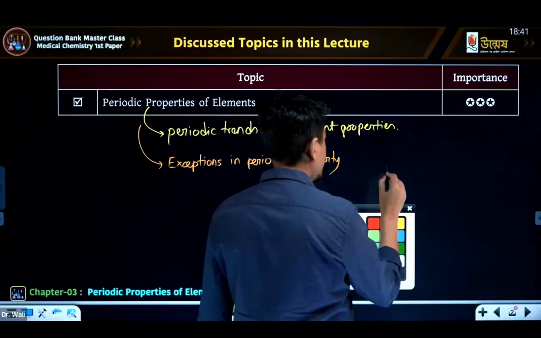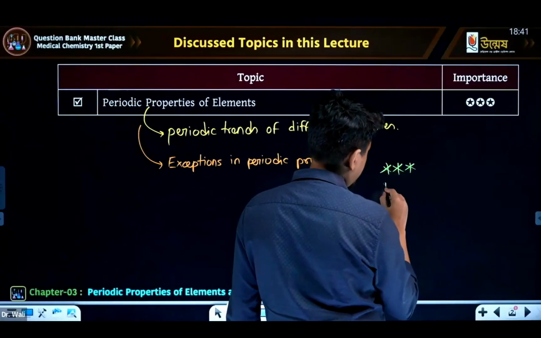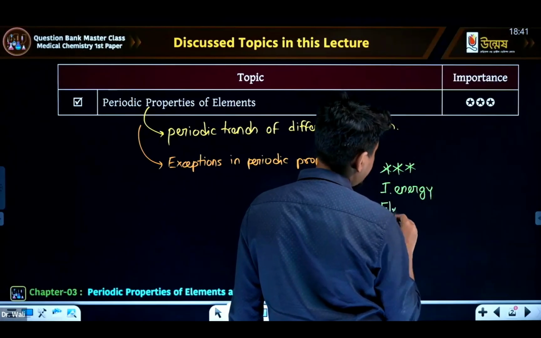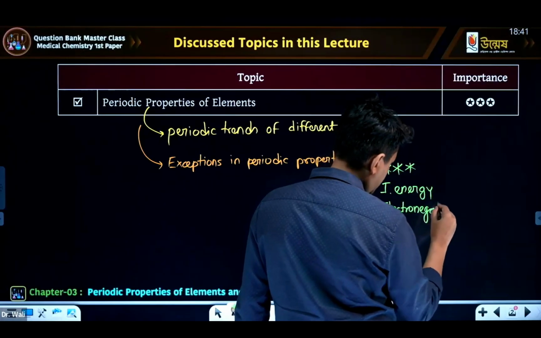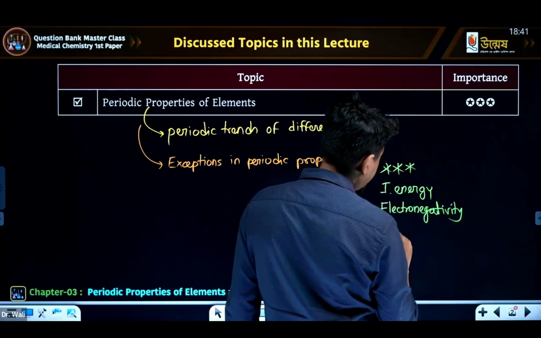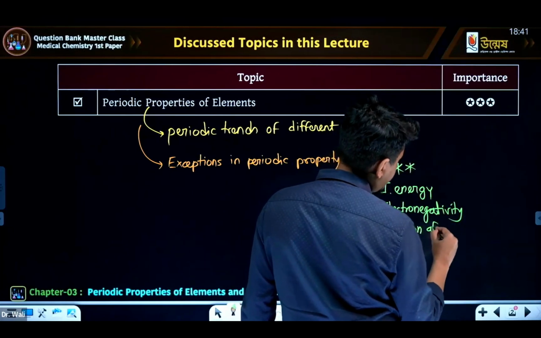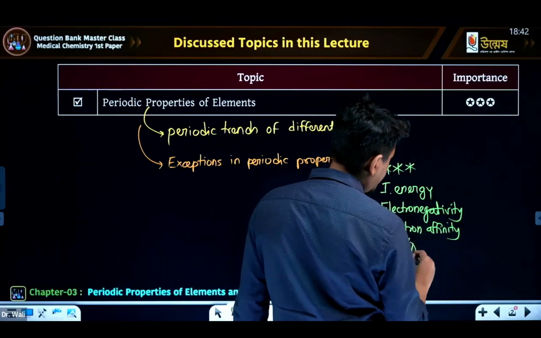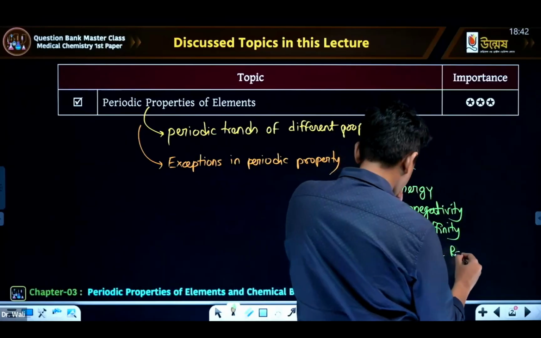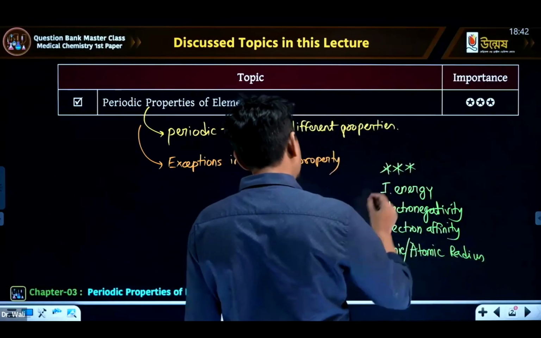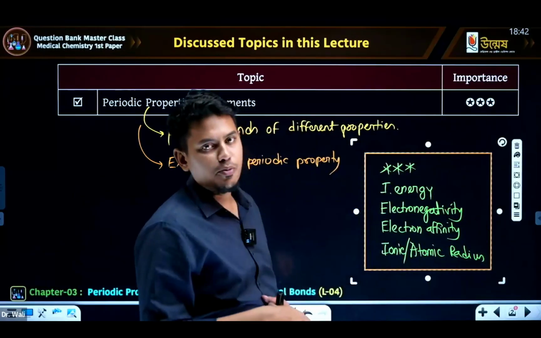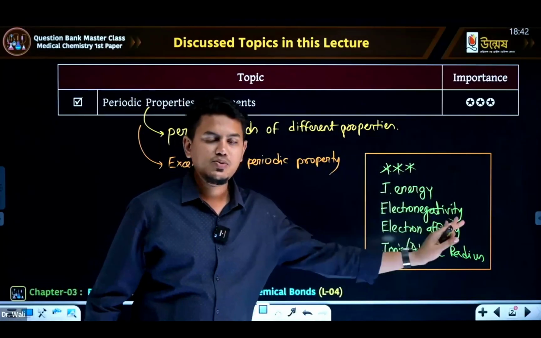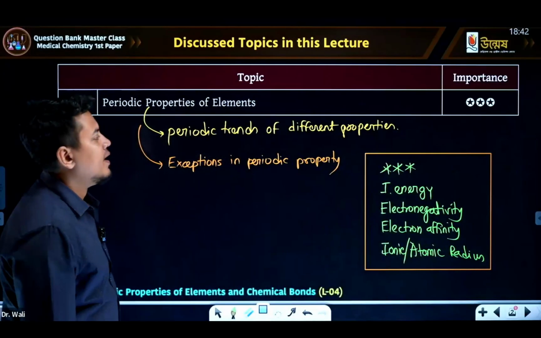The most important periodic properties, which are essential to solve, are ionization energy, electronegativity, electron affinity, and ionic or atomic radius. Usually, all of the questions appear from these 4 properties, so we don't have to bother about the remaining properties. These are the 4 important periodic properties that we need to understand clearly and solve perfectly.